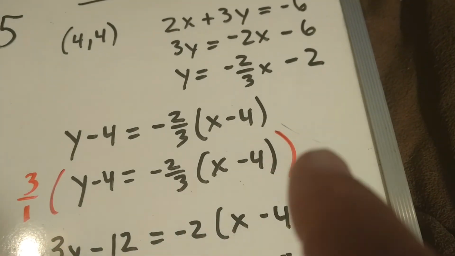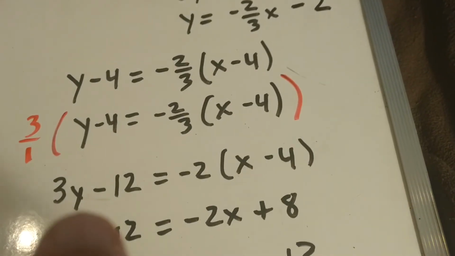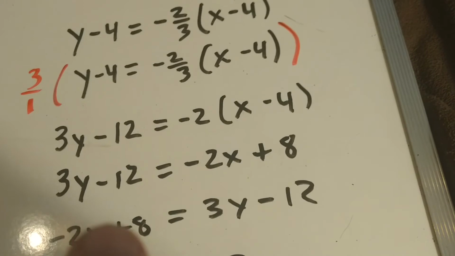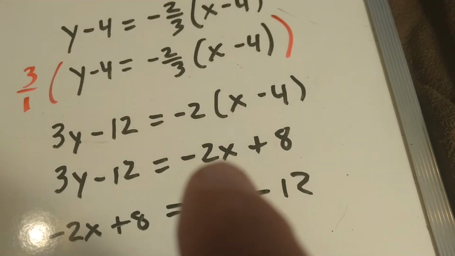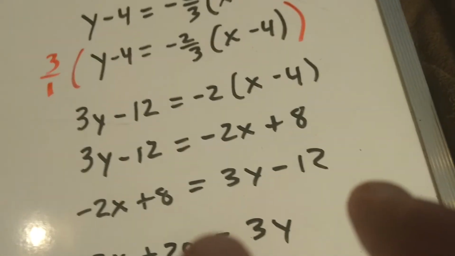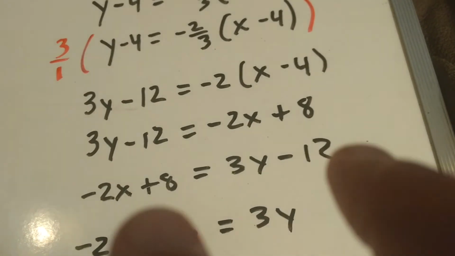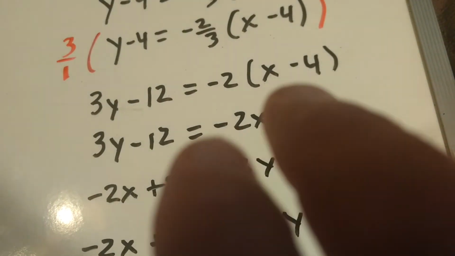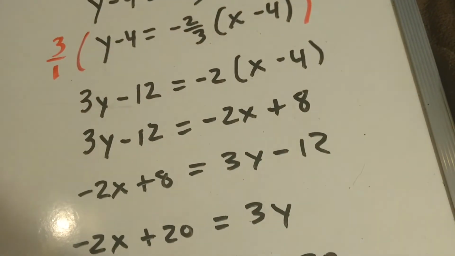Again, we're going to multiply through by 3. We get 3y minus 12 equals negative 2 times x minus 4. That gives us 3y minus 12 equals negative 2x plus 8. And basically what I did here was I switched sides. I just moved this over here and this over here.